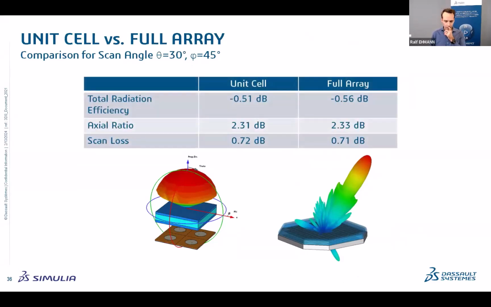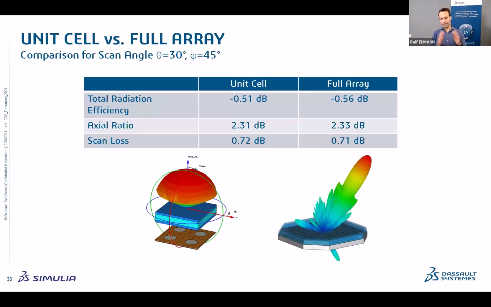And then the nice thing is when you start comparing these values, you see it's actually very, very close. They correspond very well, where on the right-hand side for the full array, you have edge diffraction as well, right? So you can see here the total radiation efficiency fairly similar at about minus 0.55 dB or something around there. And then also the axial ratio being at 2.3 dB.